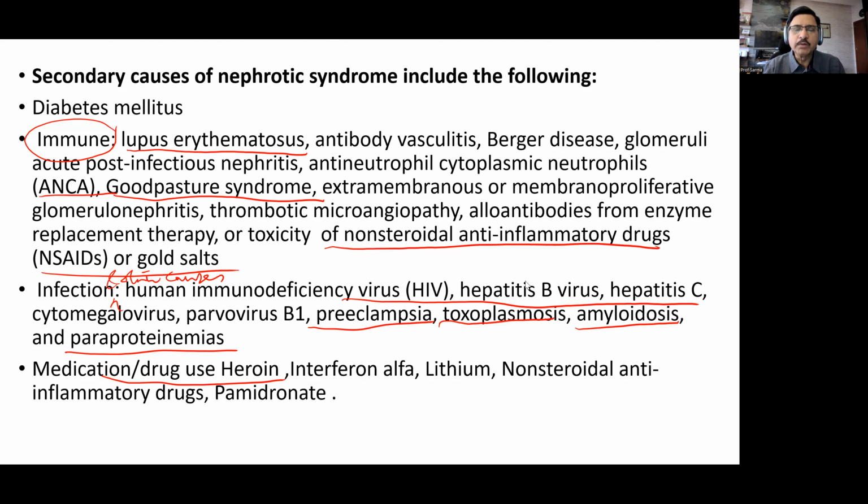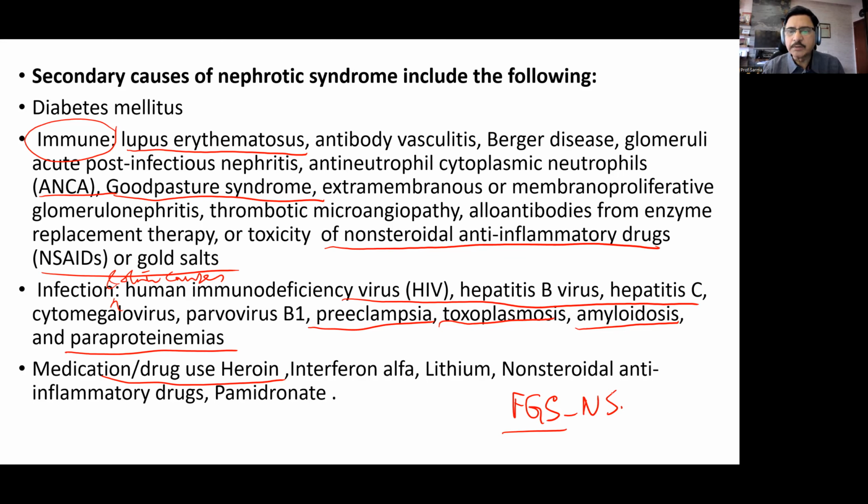Now, summary of the primary causes. Primary causes are three types. One, minimal change disease. Number two, membranous glomerulonephropathy. Number three, focal glomerular sclerosis with nephrotic syndrome. So these are the three things.